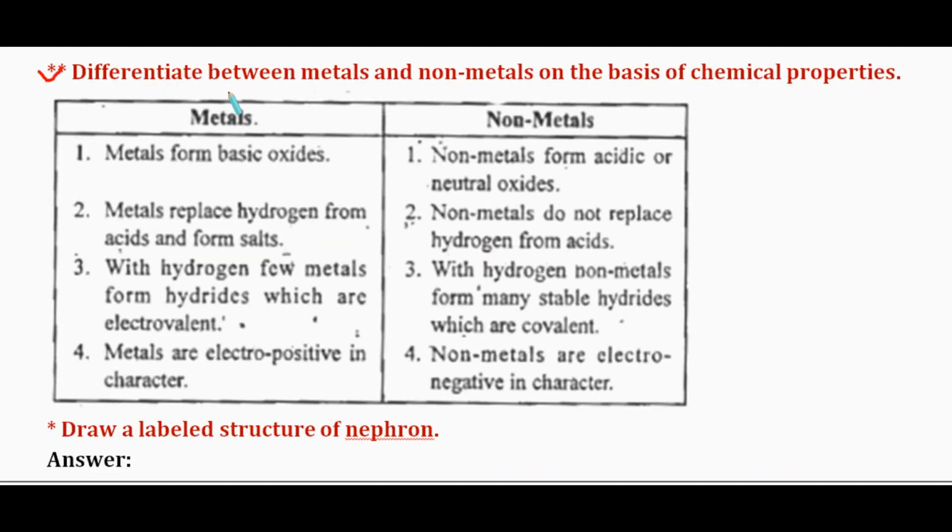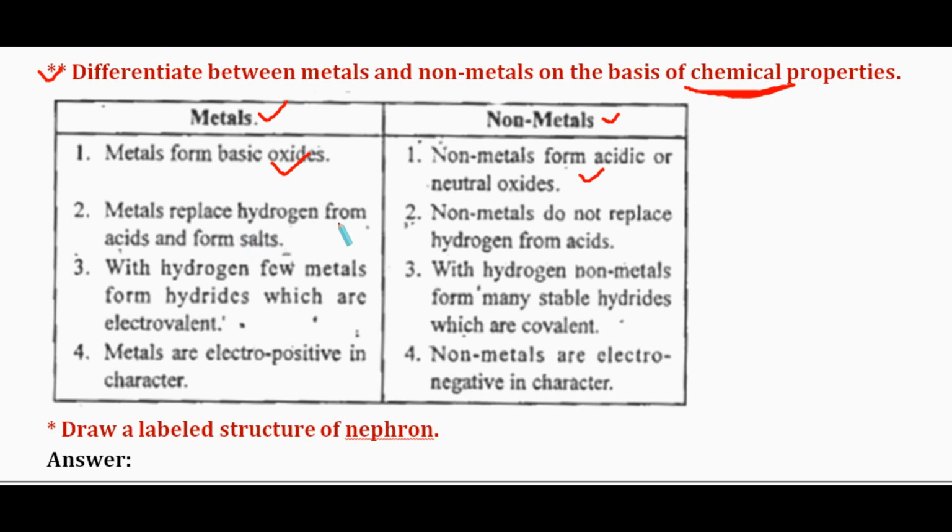Now the question: differentiate between metals and non-metals on the basis of chemical properties. These are the metals and non-metals, and we differentiate between them on the basis of chemical properties only. Metals form basic oxides, non-metals form acidic or neutral oxides.